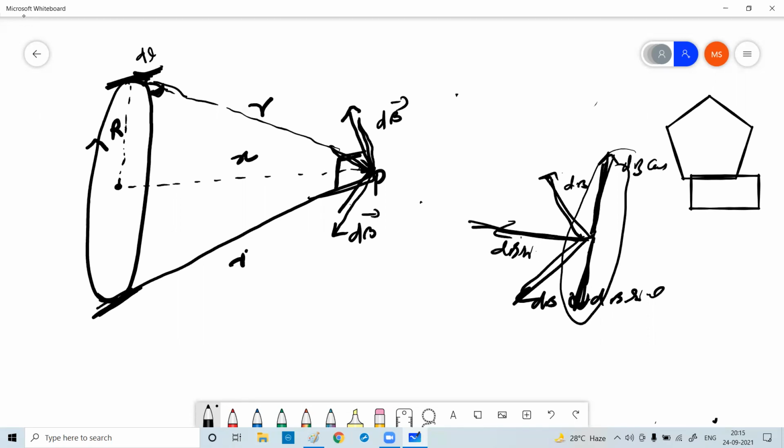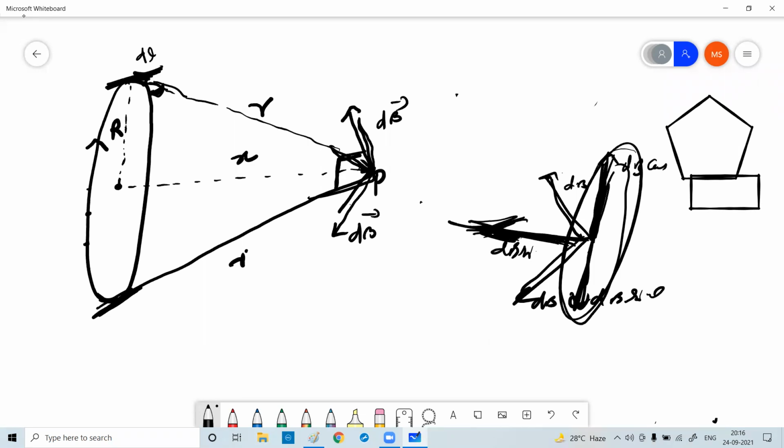So the magnetic field in all directions will be only the sine theta. So dB sine theta will get added up. At each point of the current loop, whichever part you take, all the vertical components will cancel out.